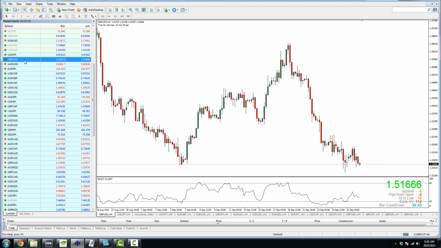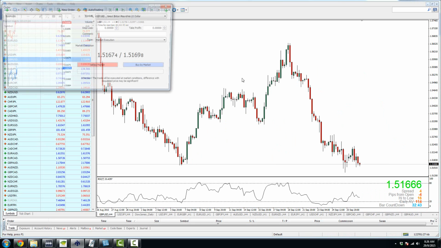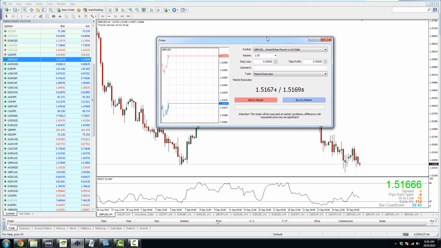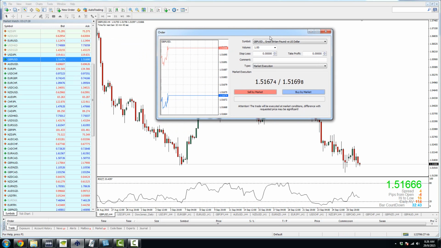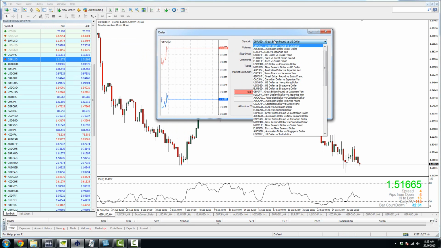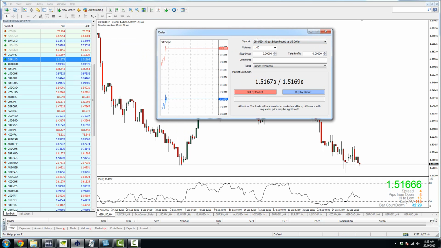Maybe I think that it's going to drop some more and I'm going to do a sell. Click on sterling dollar, right click, and press new order. Okay, this is the part that you must really pay a lot of attention to. Make sure the symbol is pointing to sterling dollar. Volume-wise, for MT4, 1.00 means 1 standard lot. It means for every pip of movement, it will be $10 USD for the sterling against the dollar.